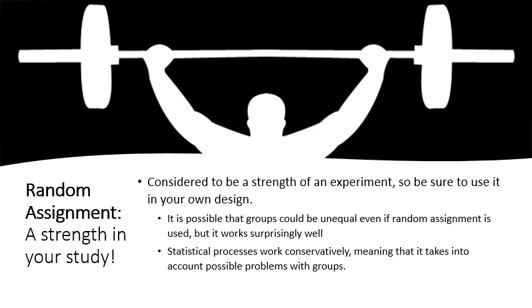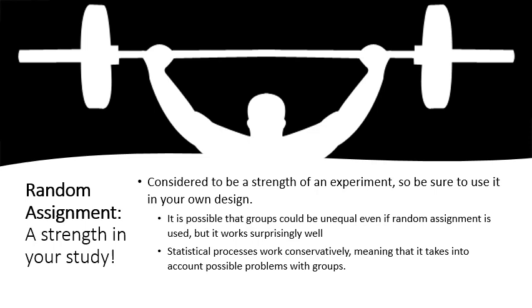So random assignment, if you're doing a between subject study, random assignment is at the backbone of your study. It is the strength in your study, and you should definitely use it if at all possible. You might think, well, if I use random assignment, the groups still could be different in terms of age, in terms of gender. We don't know. And you're right, they could be.